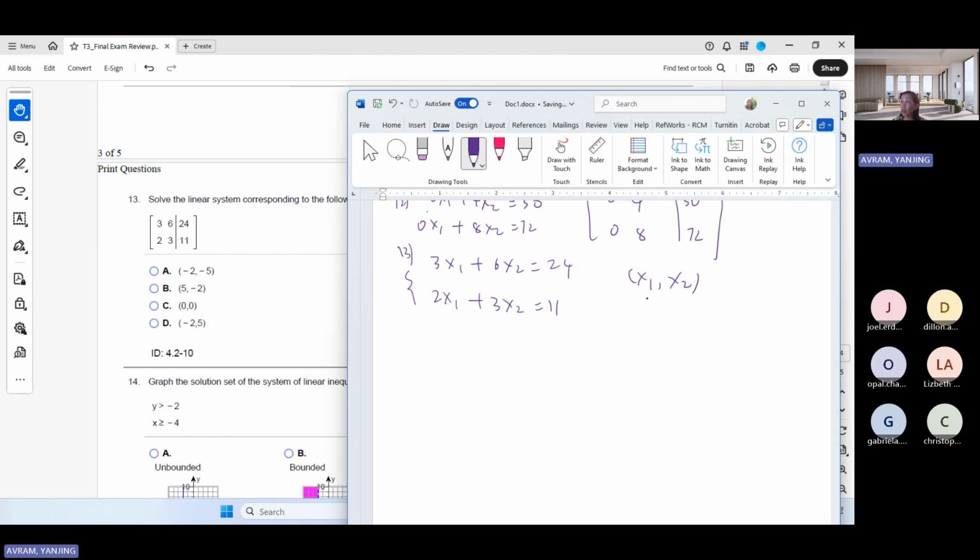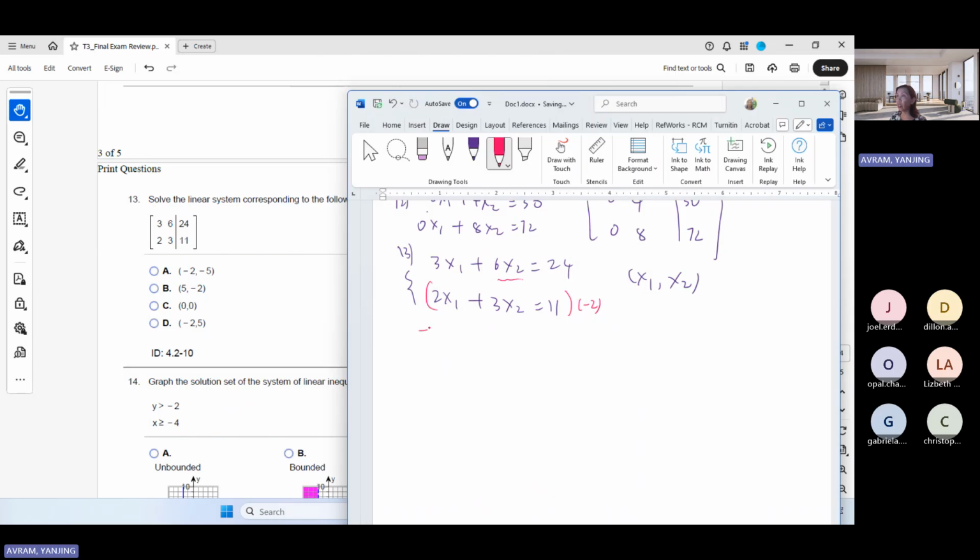If you solve this one right here, I can use any method in this case. I can use addition, subtraction, right? Like I say, I'm going to eliminate my x2 first. So I'm going to multiply the whole second equation by -2. If I multiply by -2, I'll be able to cancel out the x2.